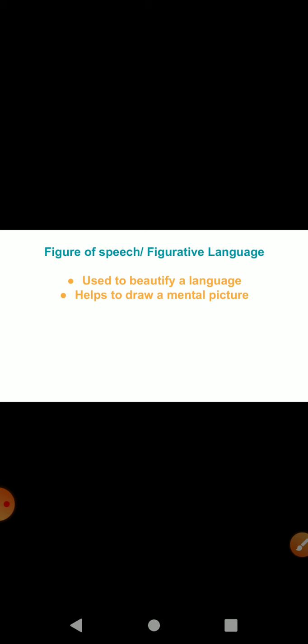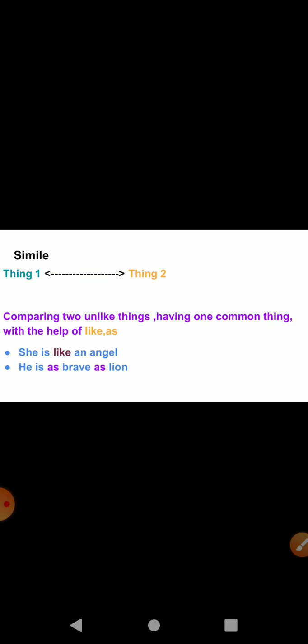So there are so many types of figure of speech. The major types are here. The first one is simile. This is the most common type of figure of speech, simile and metaphor.